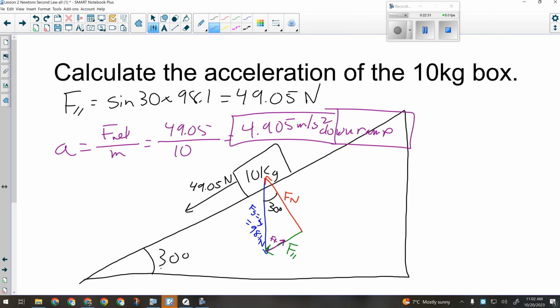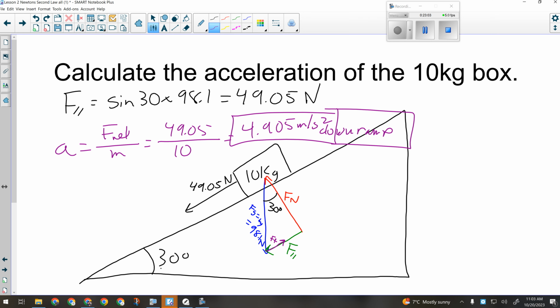But I've got F parallel acting down and what acting up? Friction's also acting down. Friction's there, but friction always opposes, right? So when I'm pushing something up a ramp, I have gravity acting down, friction acting down, and the force up is me, the applied force, me pushing the cart, or a rope pulling it up the ramp. So you can end up getting a lot of forces that are parallel to the ramp.